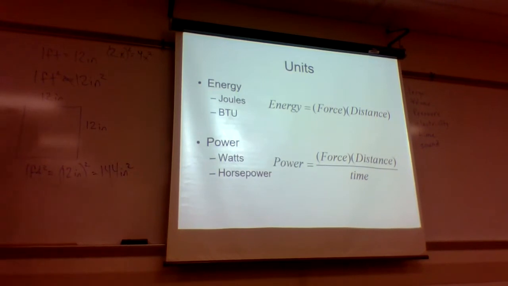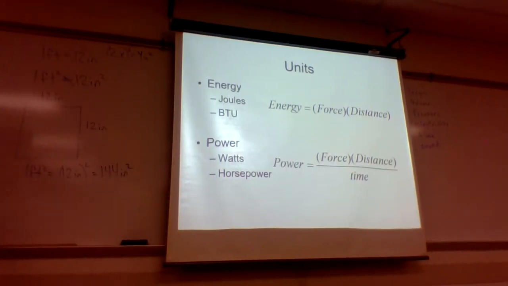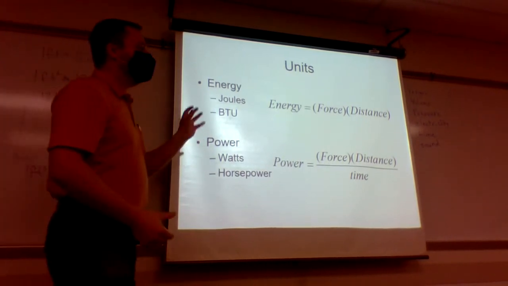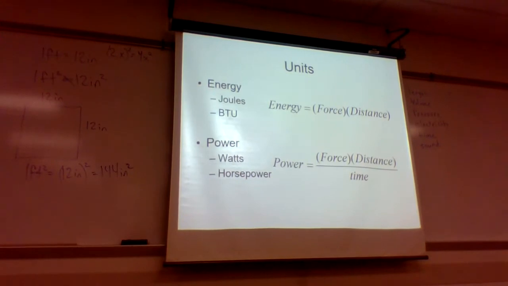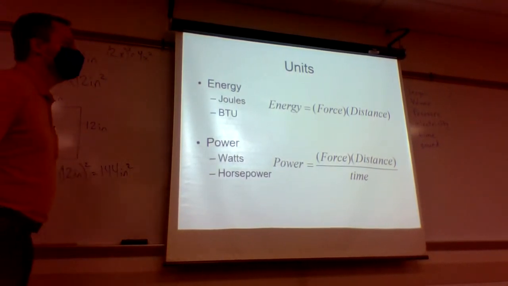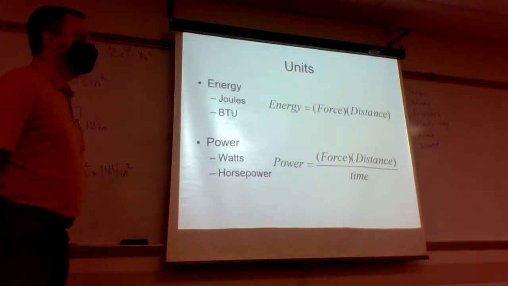Not going to spend a lot of time here, but you'll encounter more and more complex dimensions. Electricity is basically energy or power, depending on whether you're measuring the rate at which you're delivering electricity or the rate at which you're consuming it, or you're measuring the total amount. And electricity is basically energy, and power is energy rate.